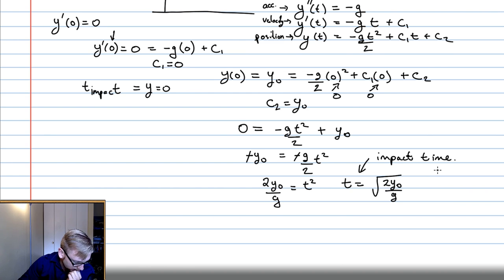Now we need to say this in terms of velocity. Well, velocity is negative g times t.